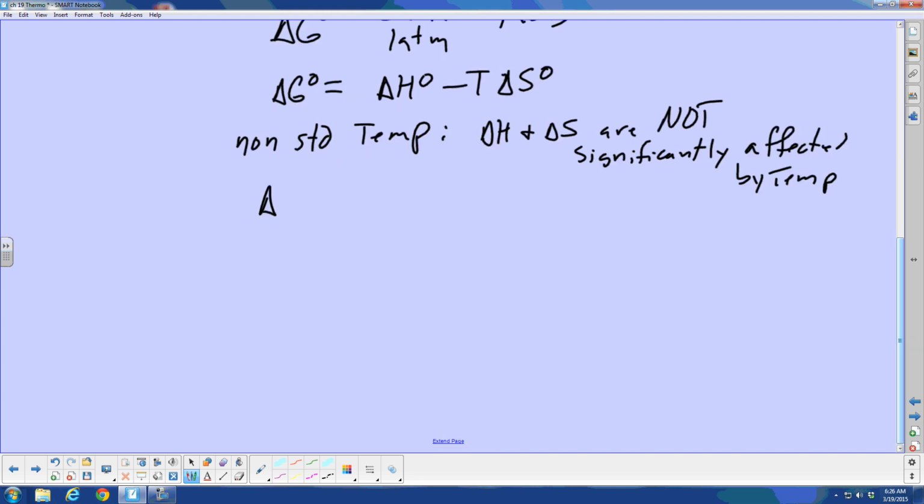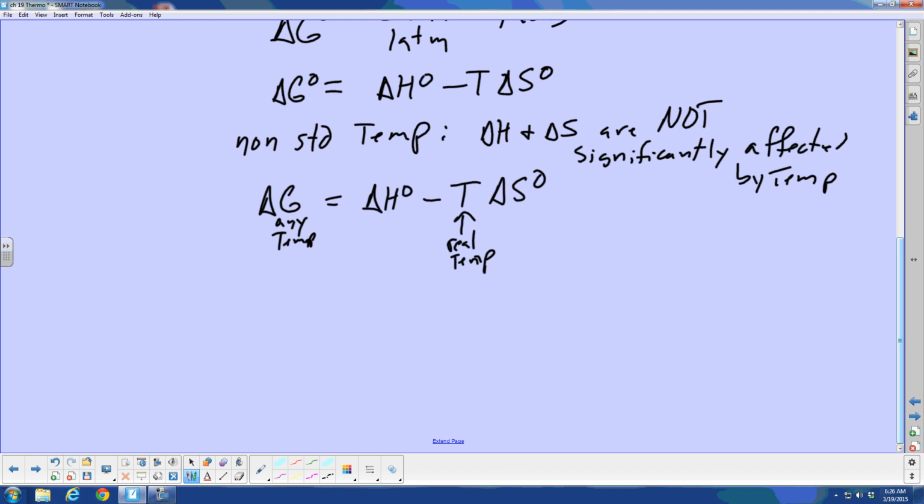Our delta G at any temp is equal to delta H prime minus T delta S prime, where this T is the real temp, not 298. Good. So that's what we said for non-standard temp.